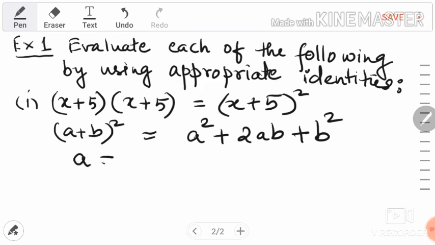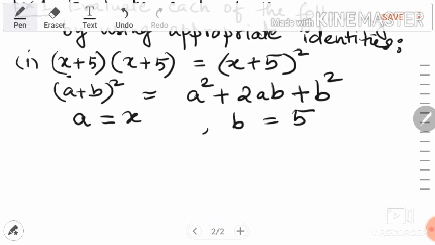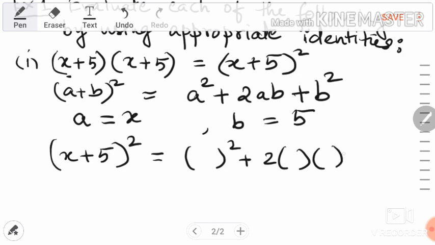First identify what is a and what is b. So a is x and b is 5. So x plus 5 whole square is equal to a square plus 2ab plus b square. We can write empty brackets in this pattern of the identity, which is the expanded form.